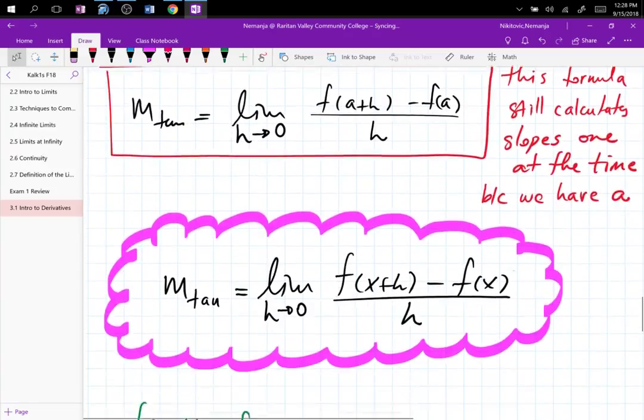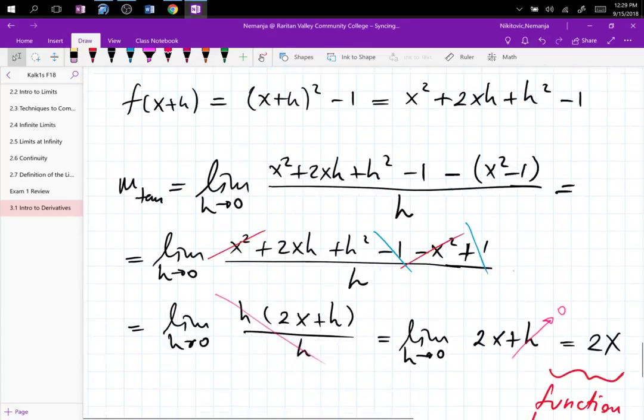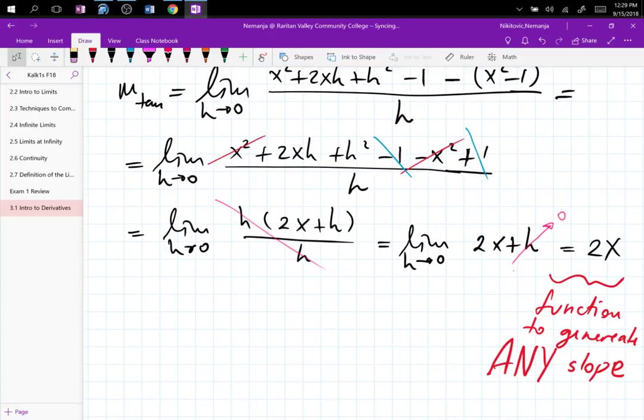So far, we have a lot of these things worked out. I started the lecture with a certain sentence. We ended here with, instead of computing individual slopes, let's compute a function that will generate every single slope that you want.